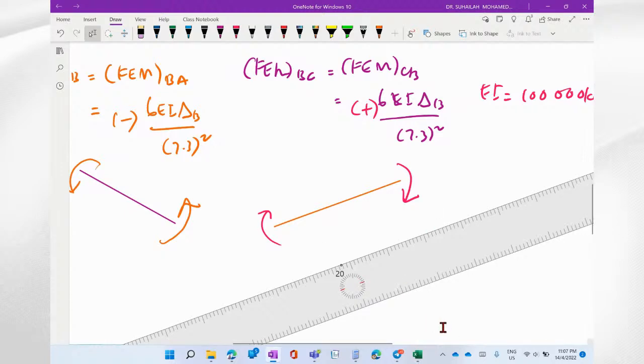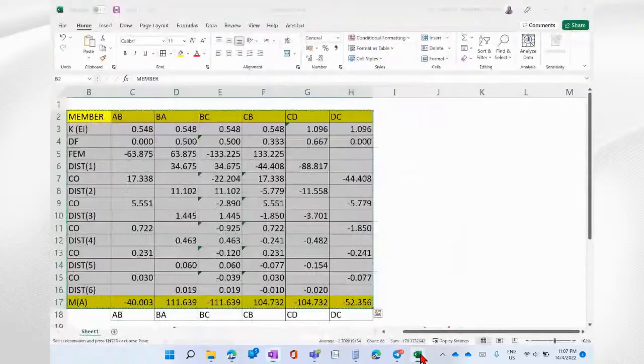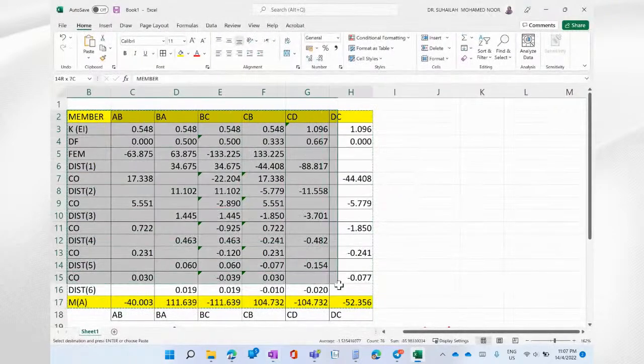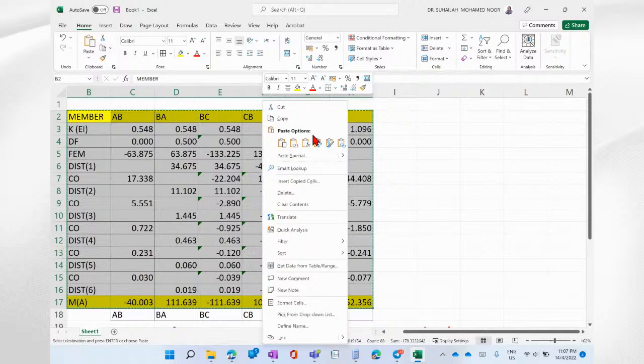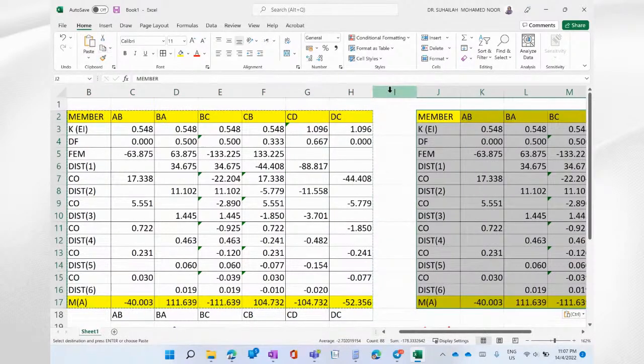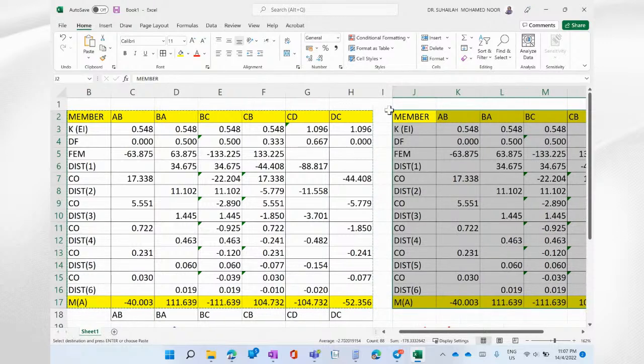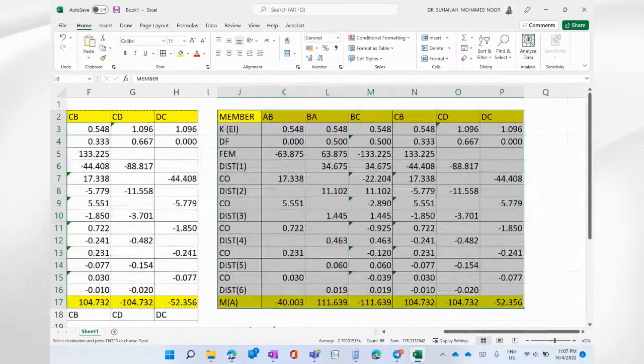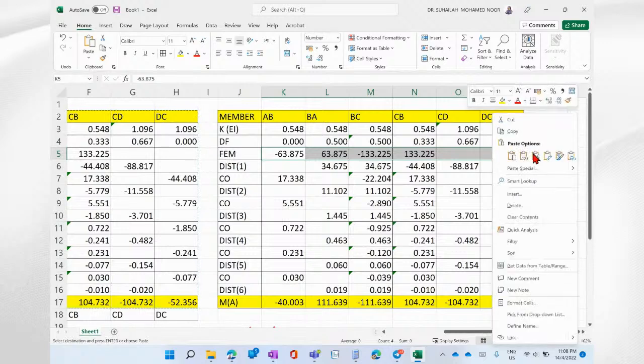So I will put it into the table. We will have table number 2. I will copy this and put it here. The difference is only at FEM, so I clear this.